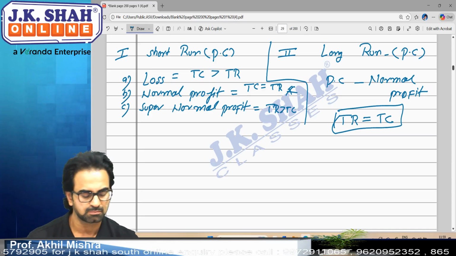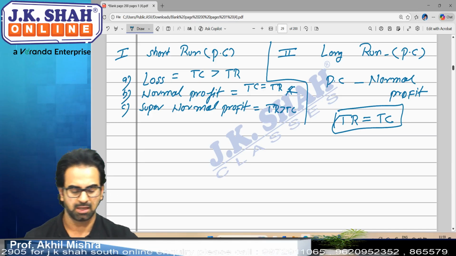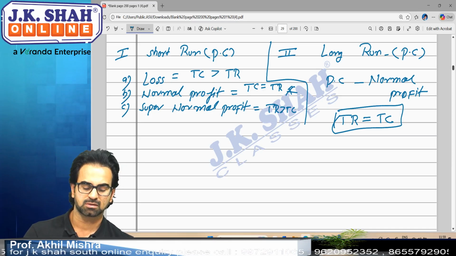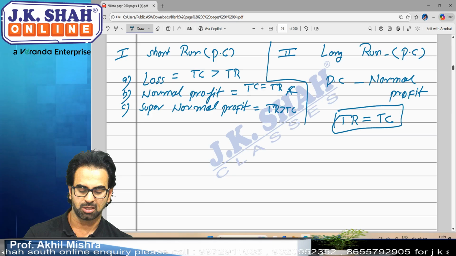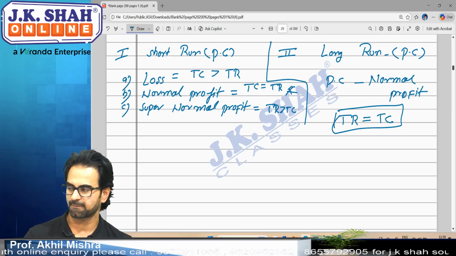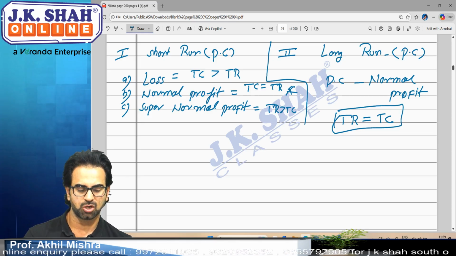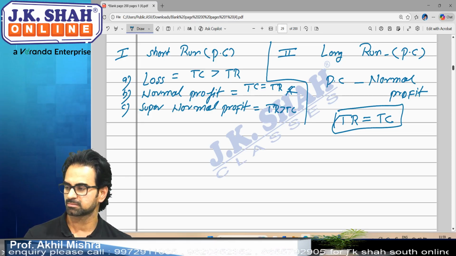As I told you, in a PC market, in the short run, you can have all three possibilities. You can make a loss, a normal profit, or a super normal profit. Monopoly, oligopoly, and monopolistic competition come after this market.